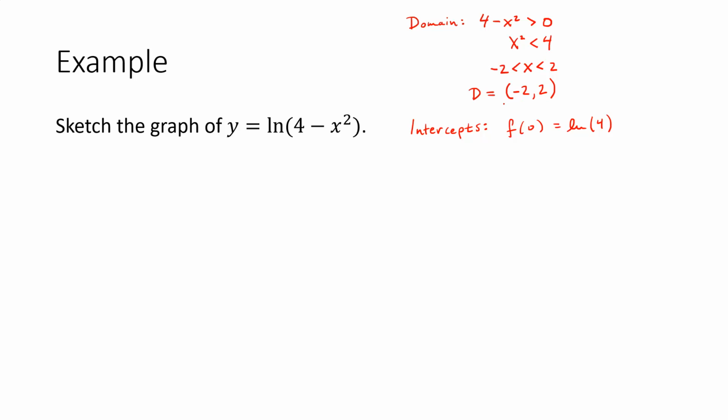Then the next question might be, when is this equal to 0? Well, remember that ln of 4 minus x squared will equal 0 if the inside here is equal to 1, because we know that ln of 1 is equal to 0.